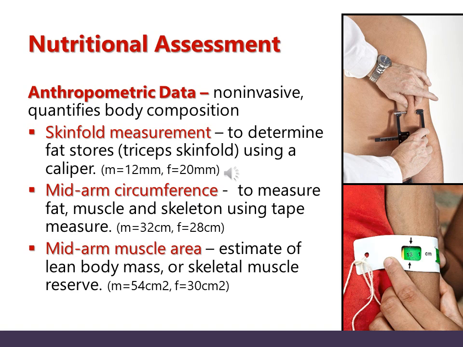The normal mid-arm muscle area is 54 cubic centimeters for male, and for female, 30 cubic meters. We have skin fold measurement, mid-arm circumference, and mid-arm muscle area. For skin fold, we use a caliper. For mid-arm, we use a tape measure.